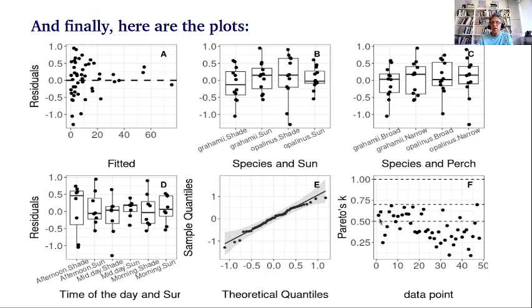It means that we should be very cautious when interpreting the coefficients, when interpreting the result of this Bayesian GLM, due to this plot of the Pareto K coefficients and this heterogeneity of the variation of the residuals in plot A of this graph.